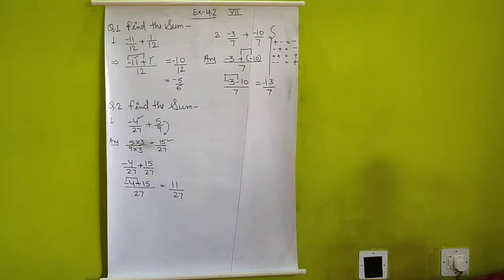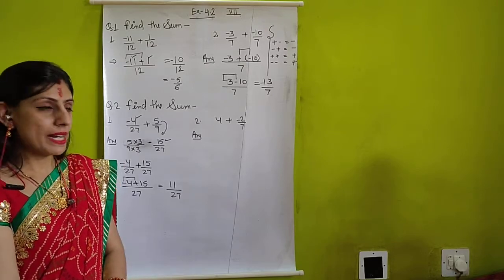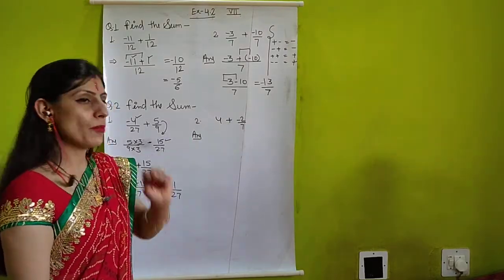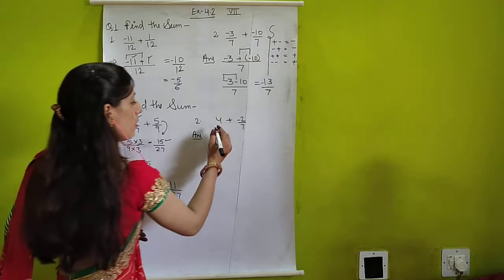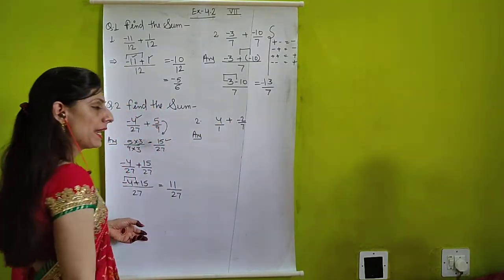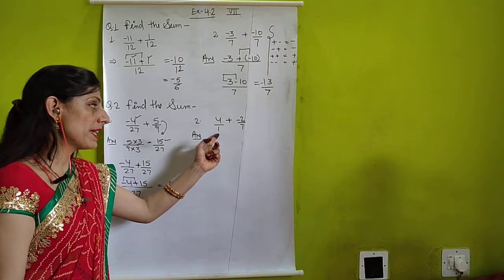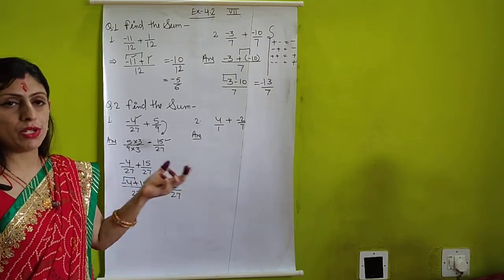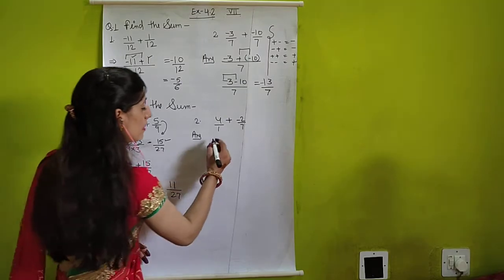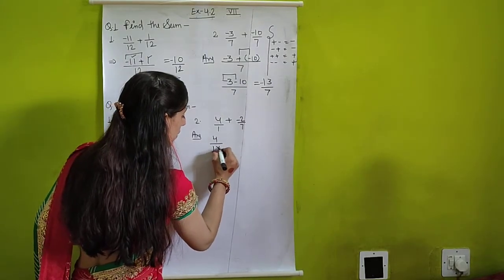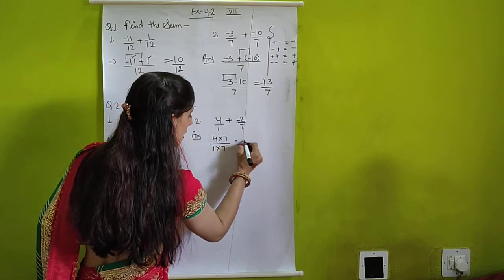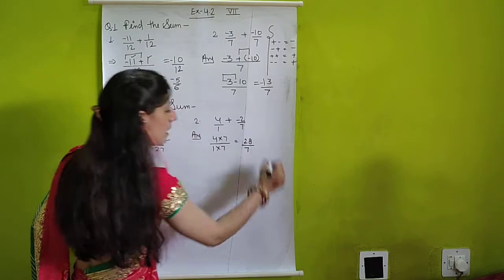Okay students. Now in part second, 4 plus minus 2 upon 7 is given. So first of all we can write 4 upon 1. Now this is also very easy students, because here 7 is given, and to make this 7, multiply with 7, because 1 multiplied by 7 will be 7. Now 4 upon 1 multiplied by 7 will be 28 upon 7.